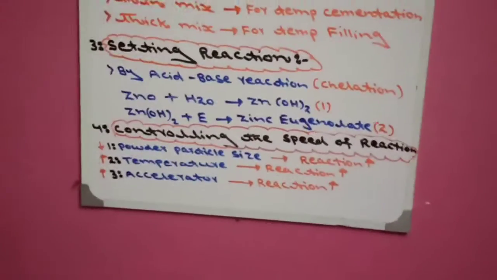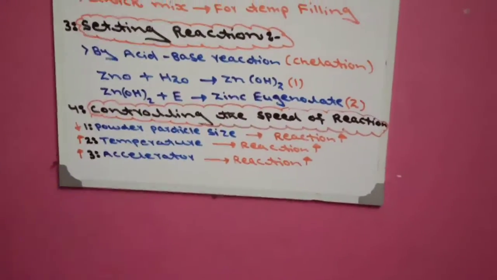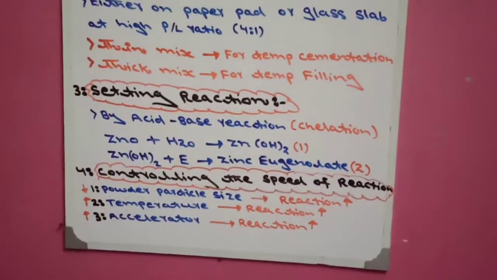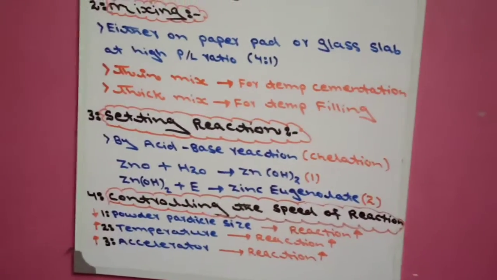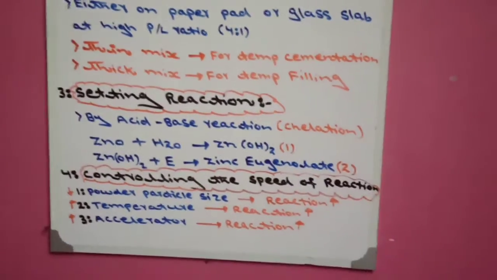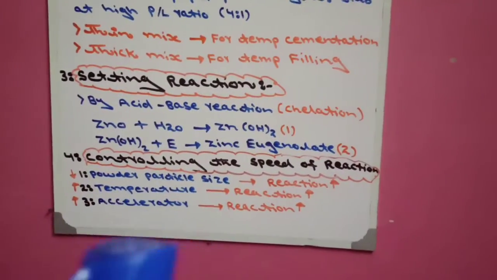The third factor is accelerator. If there is accelerator in the composition of zinc oxide eugenol, when the concentration of accelerator increases, again the setting reaction will be fast. The speed of reaction will be fast.